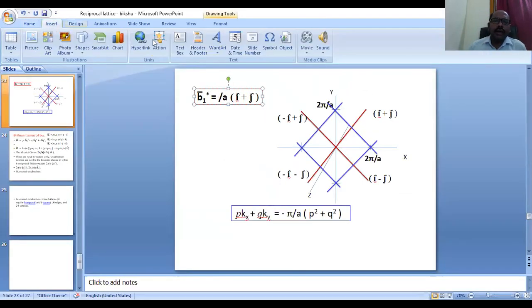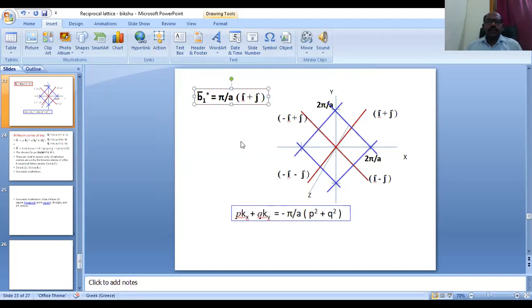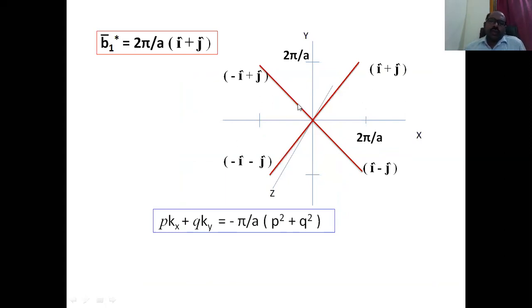Now we are seeing 2 pi by a magnitude, here also 2 pi by a, and minus 2 pi by a. So 2 pi by a times i cap plus j cap directs in this direction. It is another vector, and another vector in this one. So we can draw.